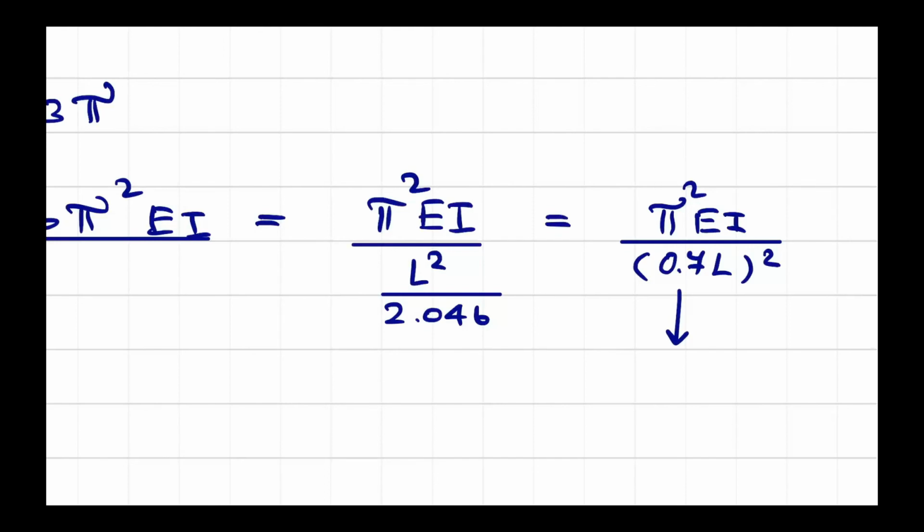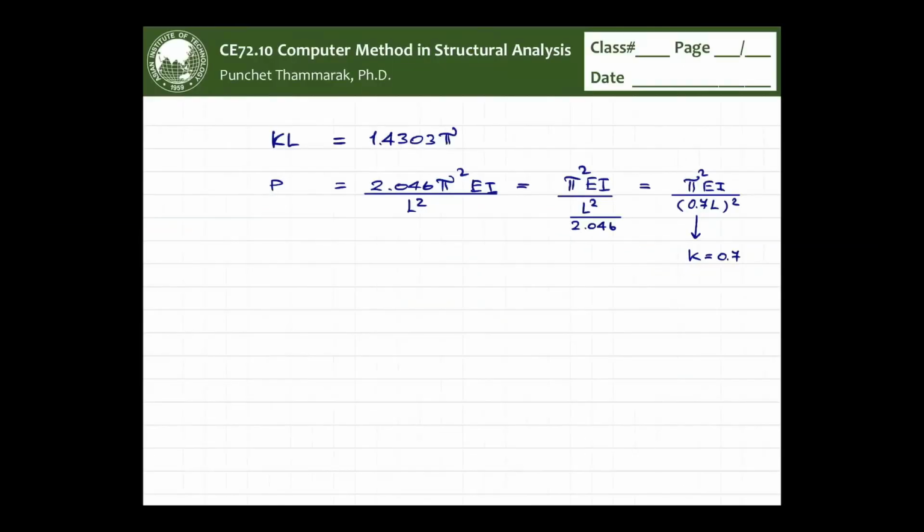This is your K for the pin and fix column.